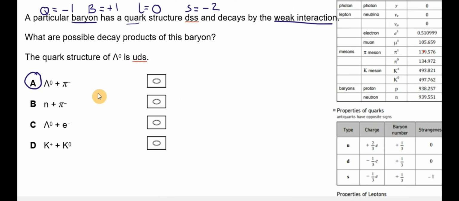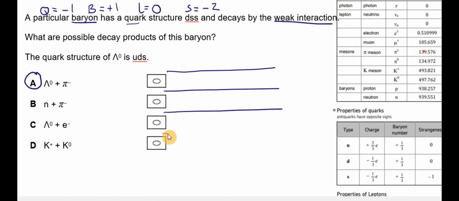So now what we're going to do is look at these products and see whether they have the same charge, baryon number, lepton number, and a change of strangeness of plus or minus 1. So I'm going to draw a little grid across here where I can look at the charge, the baryon number, the lepton number, and the strangeness.